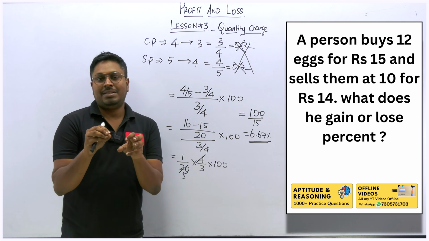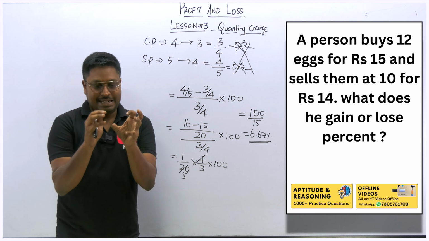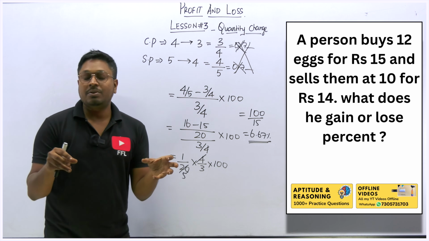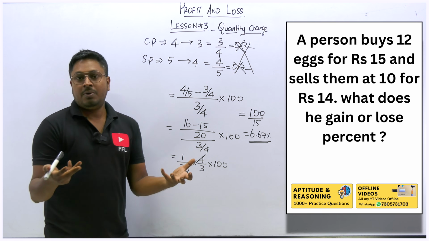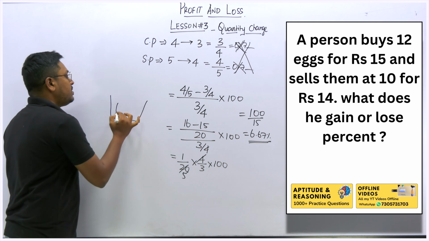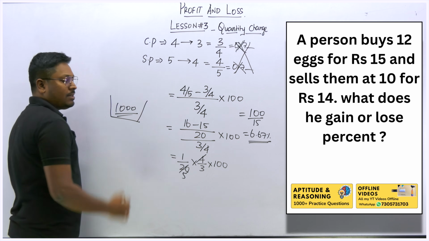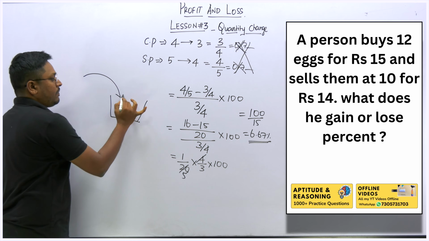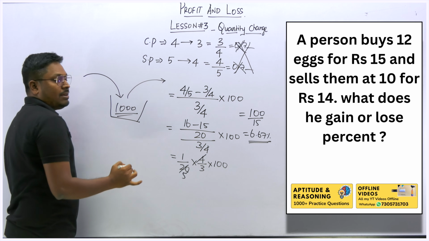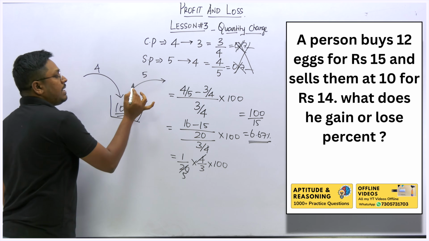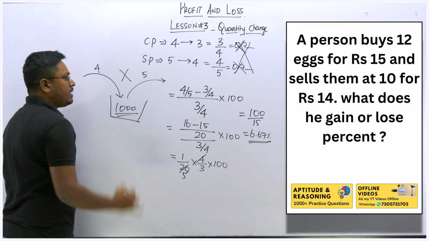But just listen to one thing: it's data. They are giving data, not the quantity. They are not talking about the exact quantity. We don't know how many lemons the seller has; the seller can have thousands of lemons, but we don't know that. The data they are giving us is that he is buying some amount of lemons and selling some amount of lemons. So just because he buys 4 lemons and sells 5 lemons, it doesn't mean the answer is cannot be determined.